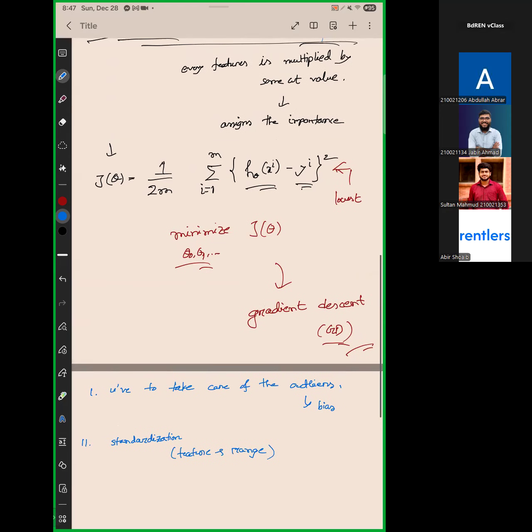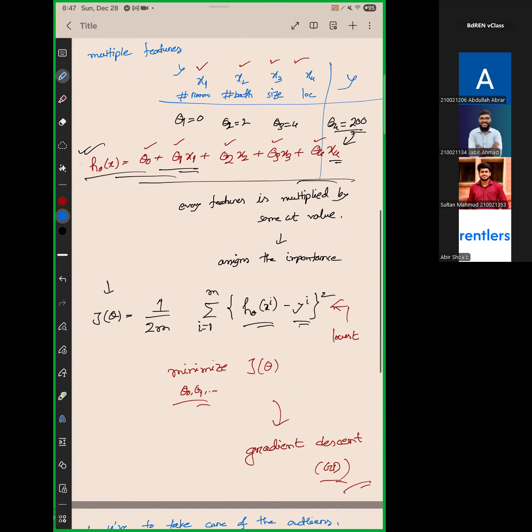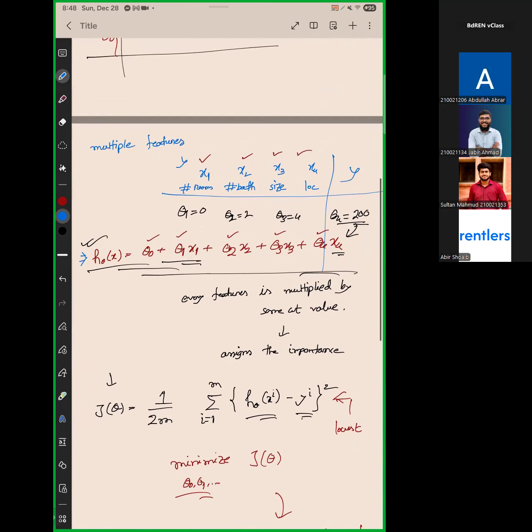So now in linear regression, do we need to perform this standardization or will the normal value do?